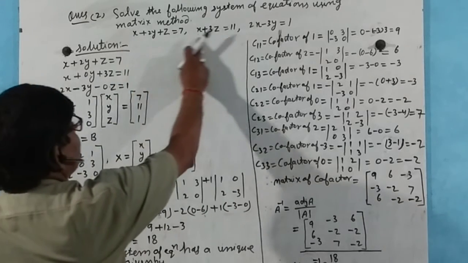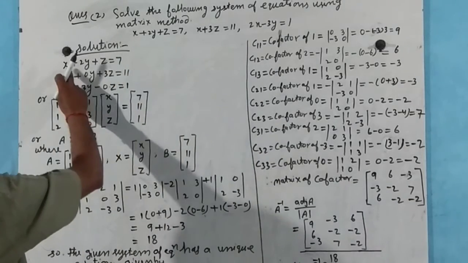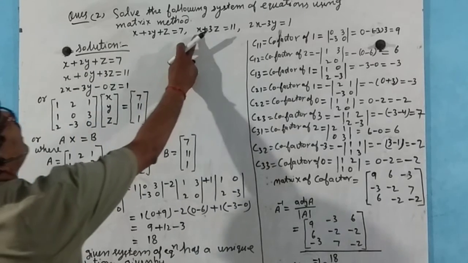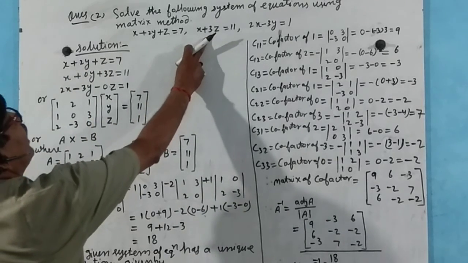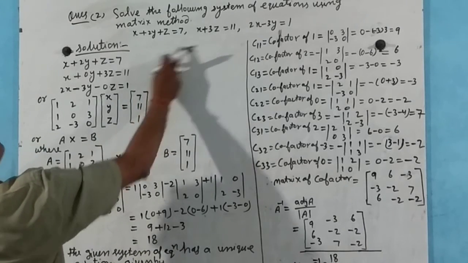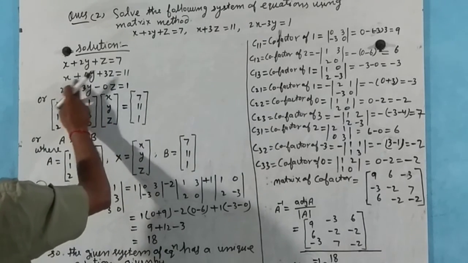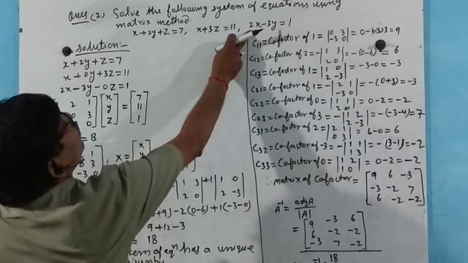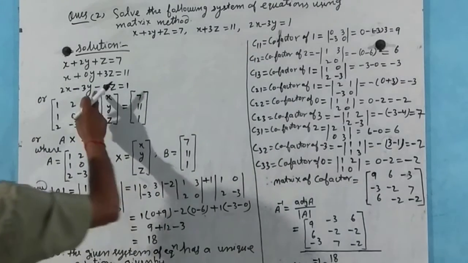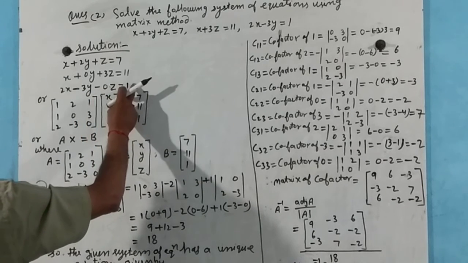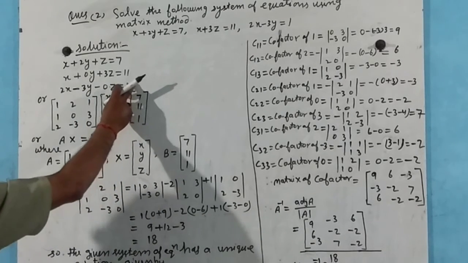Now these equations can be written as x plus 2y plus z equal to 7, x plus 0y plus 3z equal to 11, and 2x minus 3y plus 0z equal to 1.